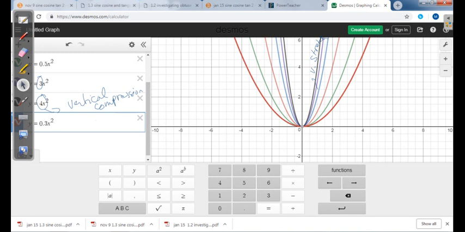If the value is between 0 and 1, so 0.5, 0.3, 0.7, 0.8, so 0 point something, then I'm going to have a vertical compression.